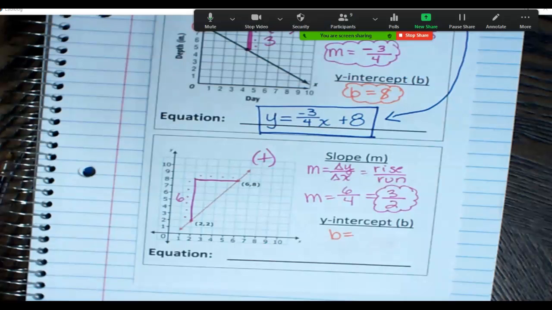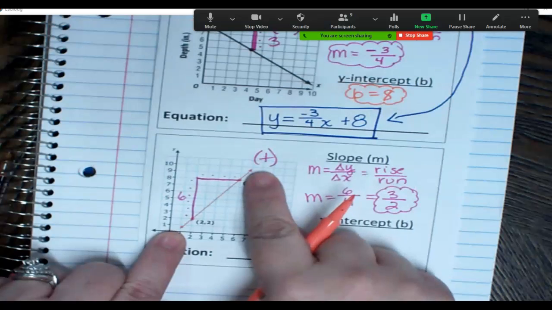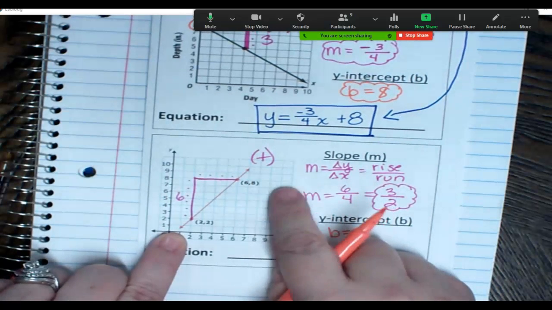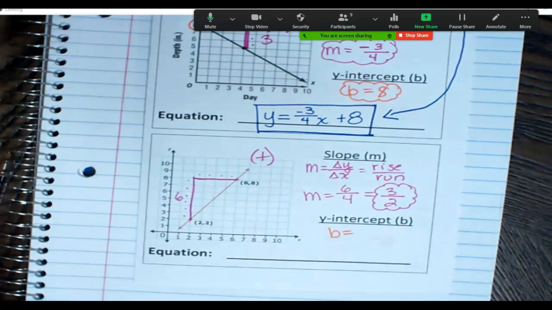All right, now we need to figure out that pesky y-intercept. But, uh-oh. The line doesn't cross the y-axis. What do you think we've got to do? Well, do you see these little arrows? What do those little arrows mean? The direction of the line. Does it mean it can keep going? Lines go forever.